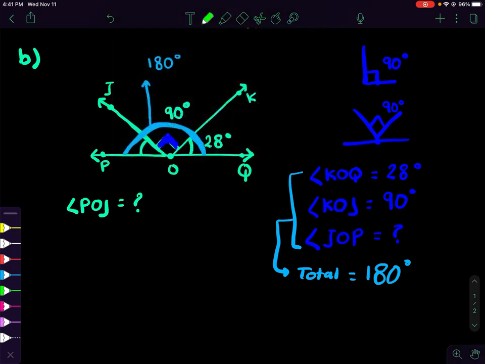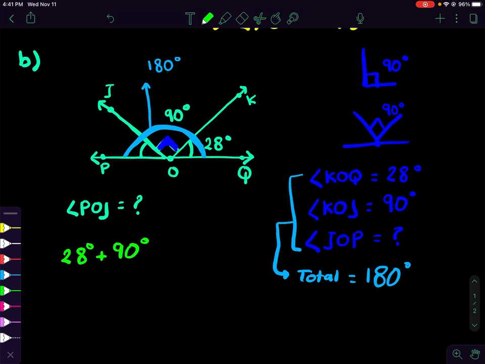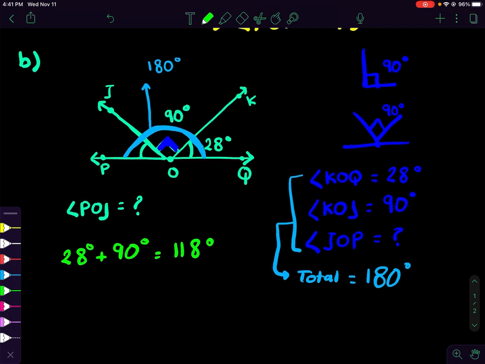Very simple. I say 28 degrees plus 90 degrees, which gives me 118 degrees. And then the same thing as the first part, which was A, I say 180 minus 118. So what do you get? Please do the calculation.